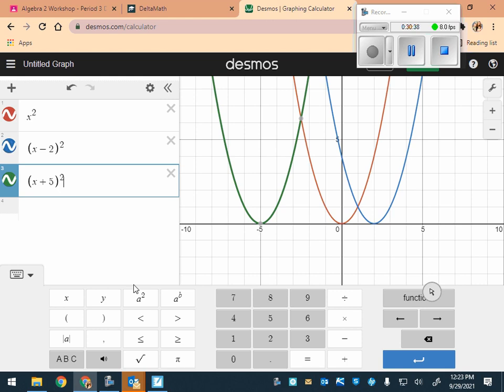Okay? The h is actually positive. It's opposite of what you see. Okay? Because it comes from this. All right? If I was to have x plus h and set it equal to 0, I would get negative h.